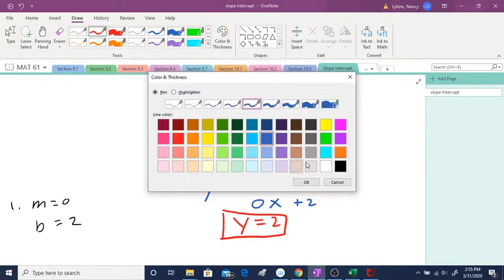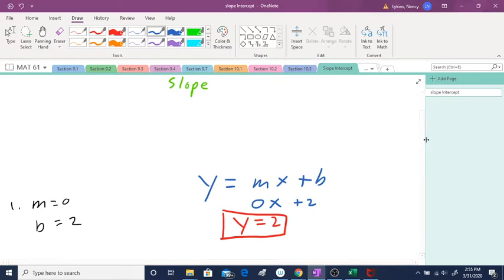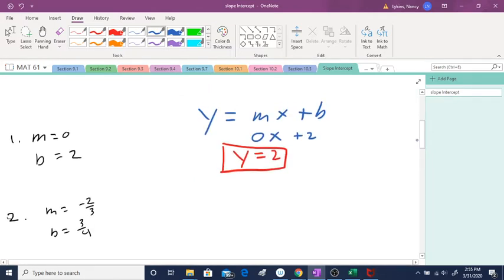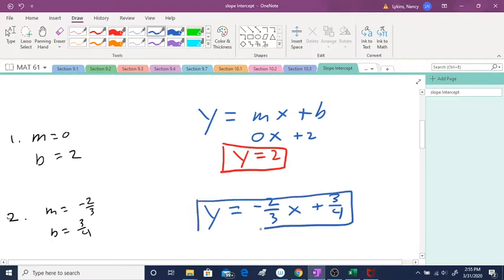Next, let's take a look at when m is negative 2/3 and b is 3/4. So let's put in negative 2/3 for my m, so negative 2/3 x. Since 3/4 is positive, put plus 3/4. And this is what our equation should look like.